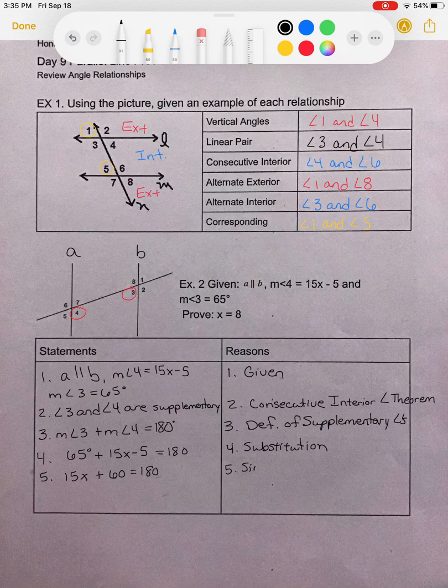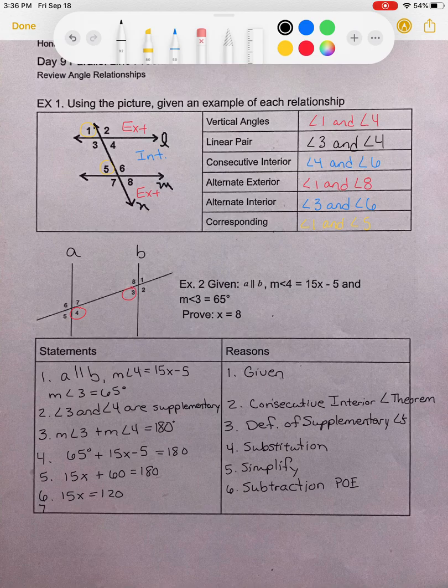You can call that just simplify or combine like terms. Now we're going to subtract the 60 to the other side. That would be subtraction. When it crosses the equal sign, we call it a property of equality because it went across the equal sign. So subtraction, property of equality.